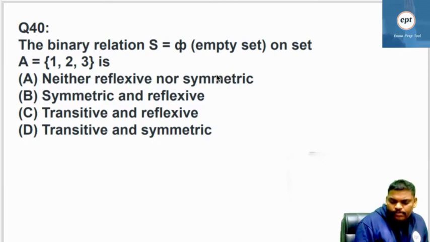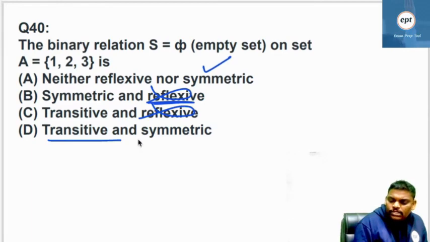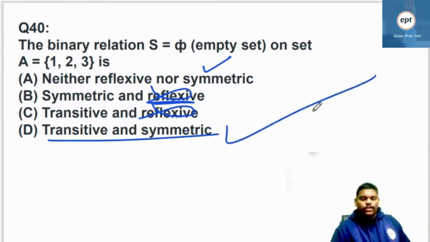No, it is symmetric. Symmetric and reflexive? No, not reflexive. Transitive and reflexive? Not reflexive. Transitive and symmetric? Everyone knows. So 40 is D, everyone said.